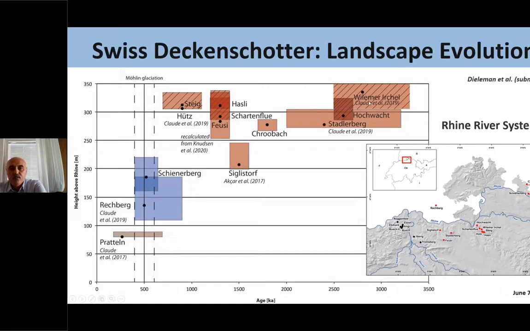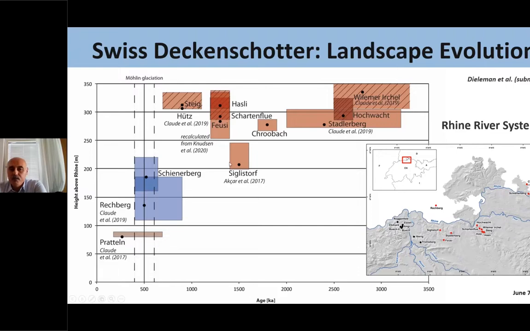And if you see the deposition of these gravel packages, the elevation does not change through time, it's almost constant, then you have younger deposits, which are here, which are low, and then really young ones.